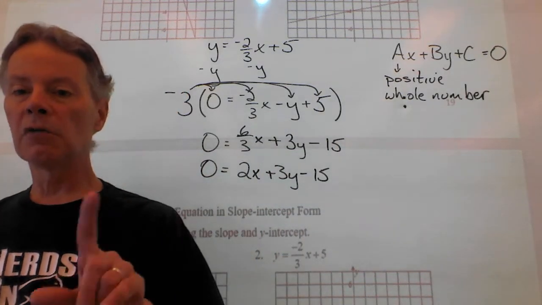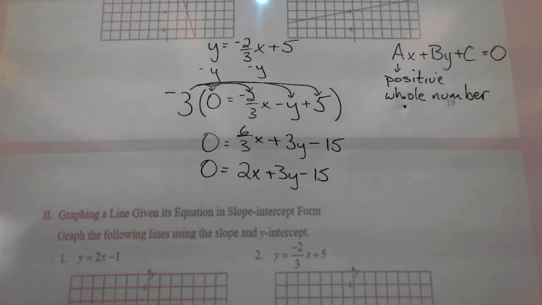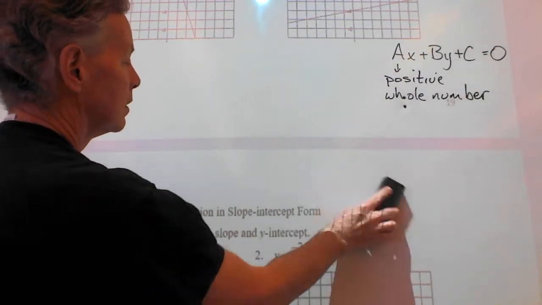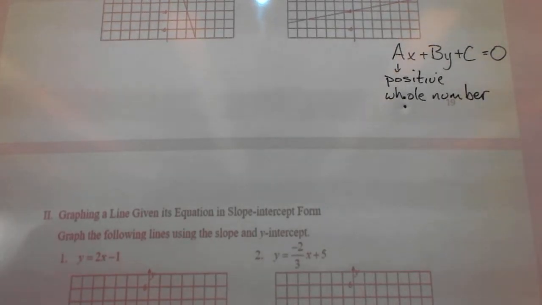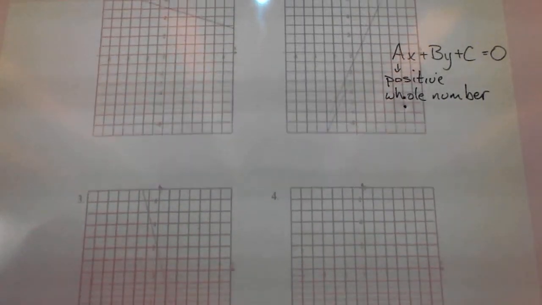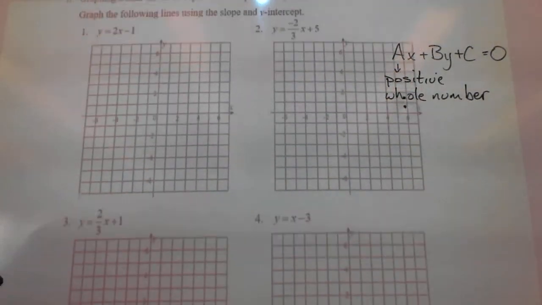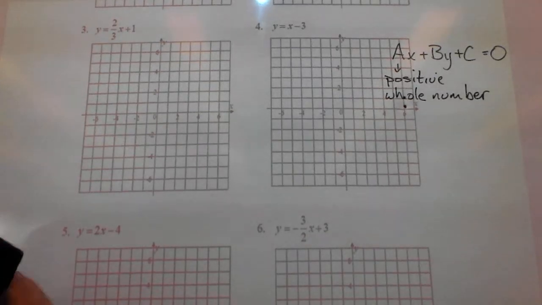Okay, we'll do one more before we move on. We'll do another one that has nasty fraction-y bits and negatives and such. We'll do this one.